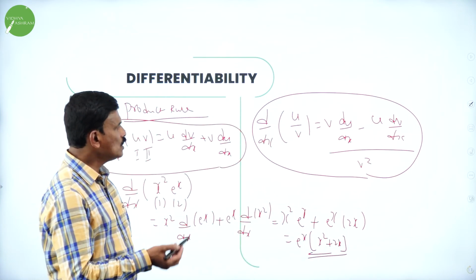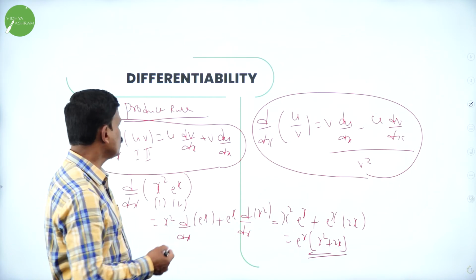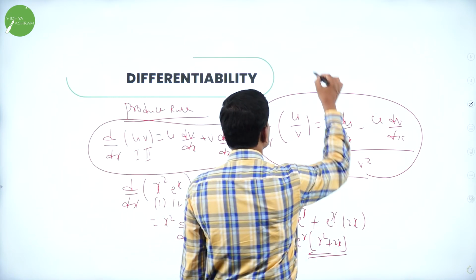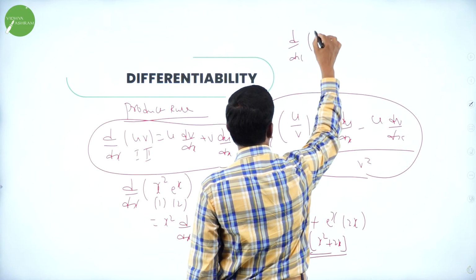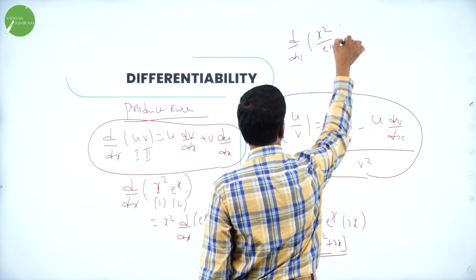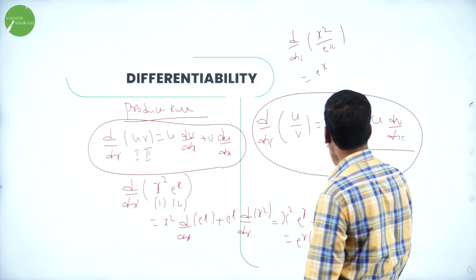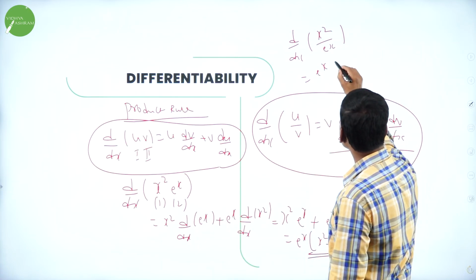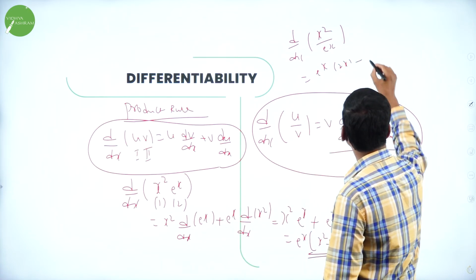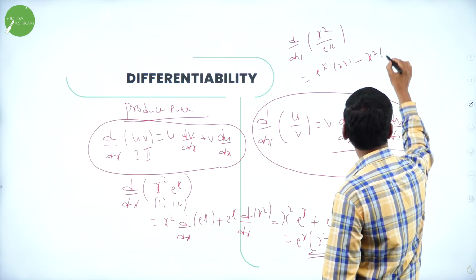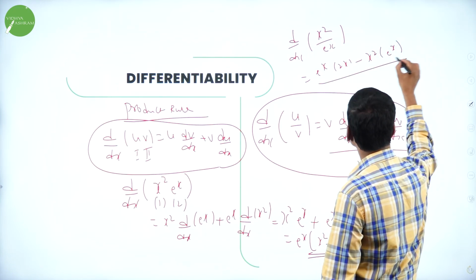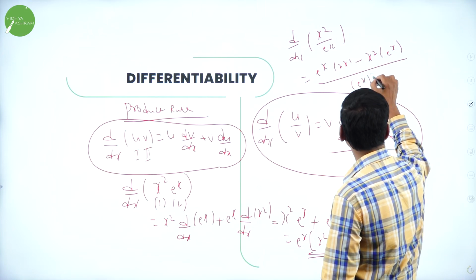Okay. Suppose if you want to differentiate x square by e to the power of x, using quotient rule, you can also differentiate x square by e power x. So denominator into differentiation of x square is 2x minus numerator x square into differentiation of e power x is e power x, divided by e power x whole square.